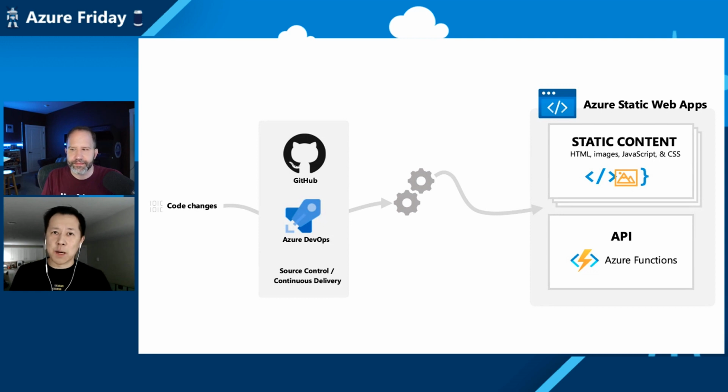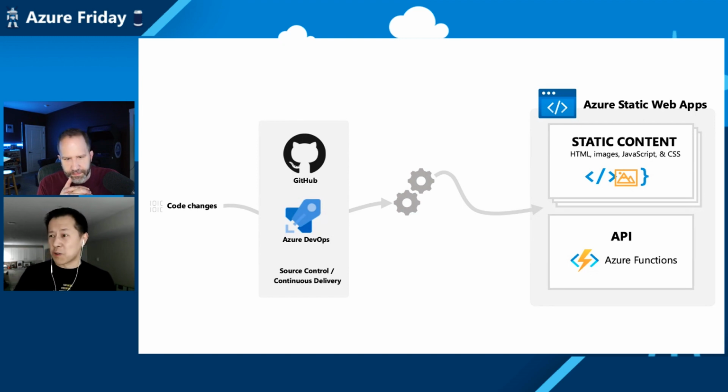And Azure Static Web Apps is a service that's built for these types of apps. And at its core, Azure Static Web Apps makes it really easy to take your code from your local machine to a source control repository like GitHub or Azure DevOps. And every time you push a commit to your repo, we will automatically build and deploy your application to Azure.